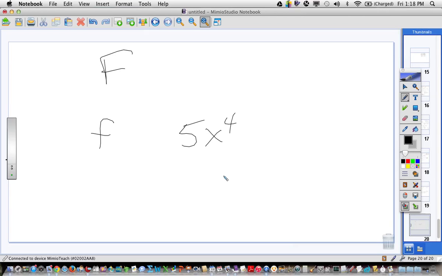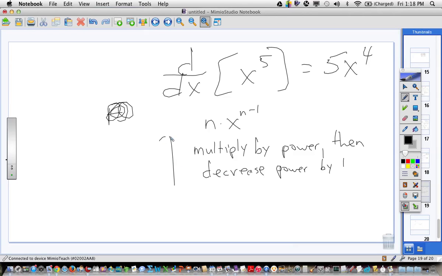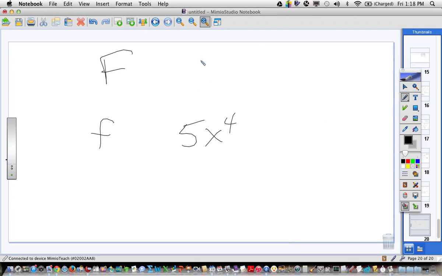Well, it's kind of a guess and check. Well, actually, we could just take our power rule, right? And we could just do it backwards. Instead of multiplying by the power, then decrease power by 1, let's just go backwards. Let's increase the power by 1 and then divide by that power. So we would take 5x to the 4th, we would raise the power up 1, and we would divide by that new power. Sure enough, the 5's would cancel, and we would have x to the 5th.